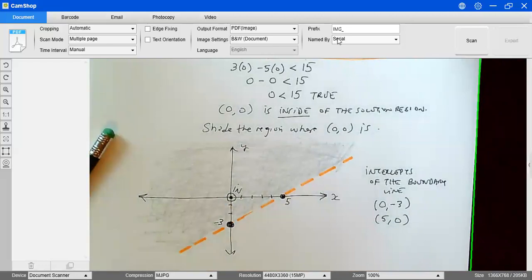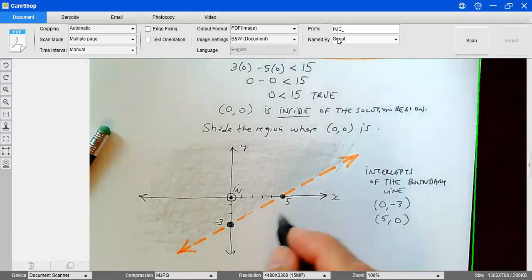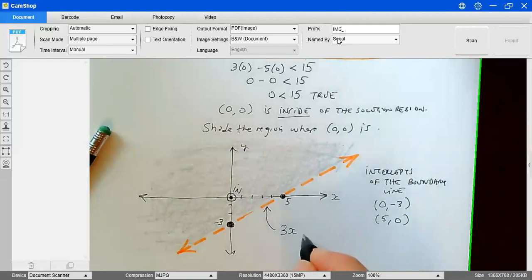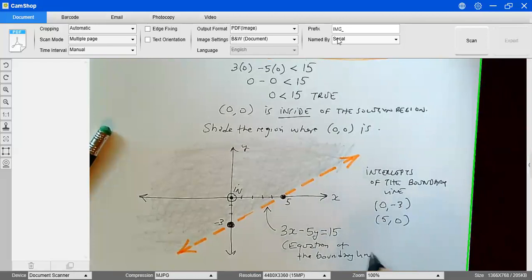And also we need to indicate that this is a line that goes to infinity. So this is the boundary line, a boundary with equation 3x minus 5y equals 15. That's the equation of the boundary line.